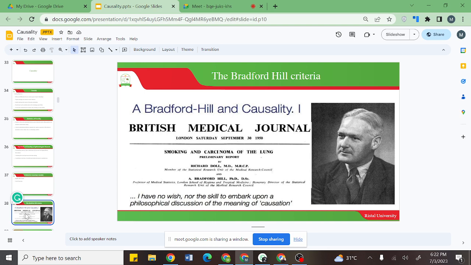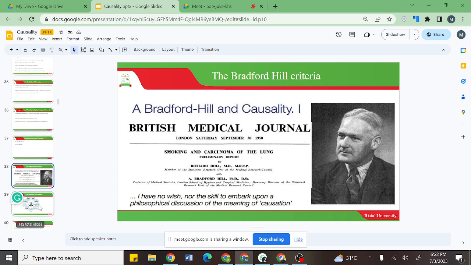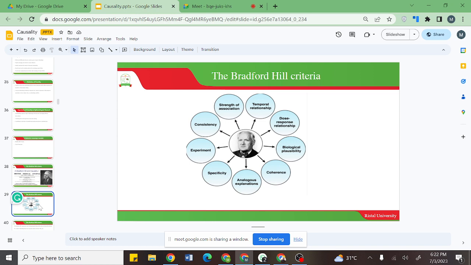So Bradford Hill created a criteria which has nine, I can call them principles, that have to be followed in determining causality. Okay, remember, we are saying that how do we know that factor Y is responsible for the disease X?